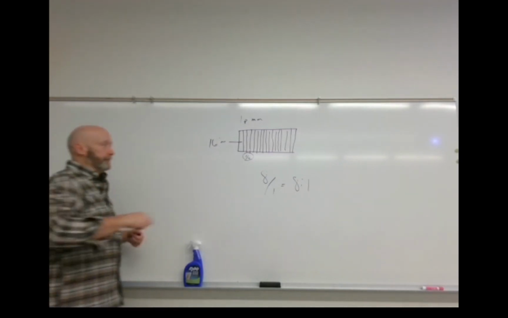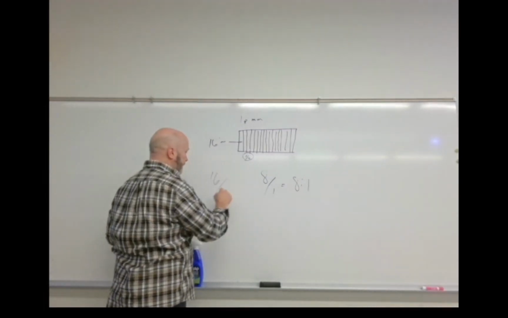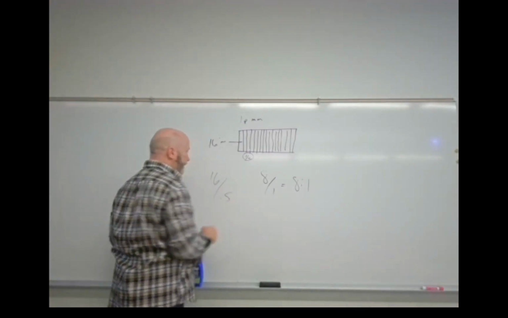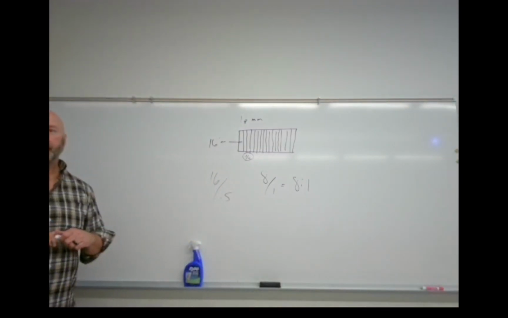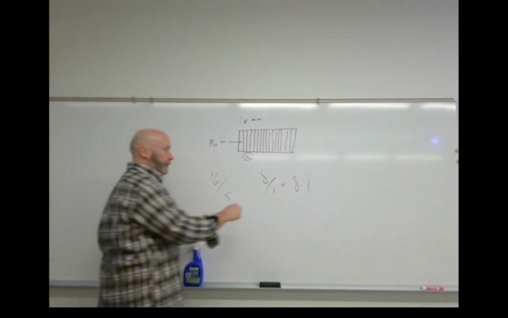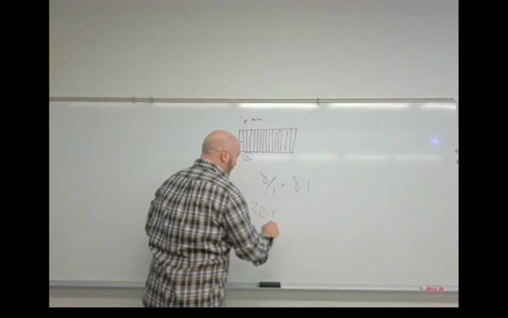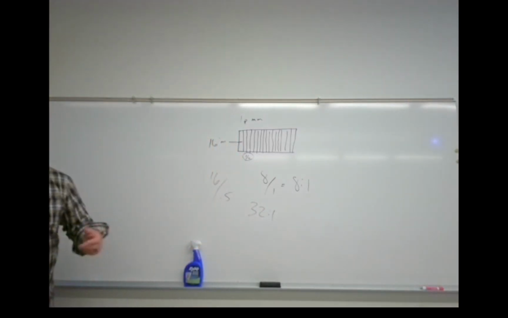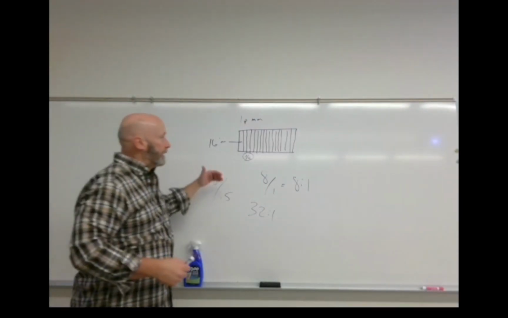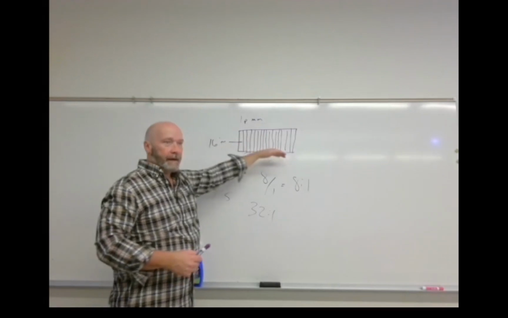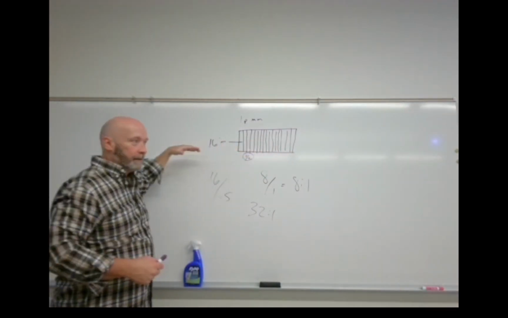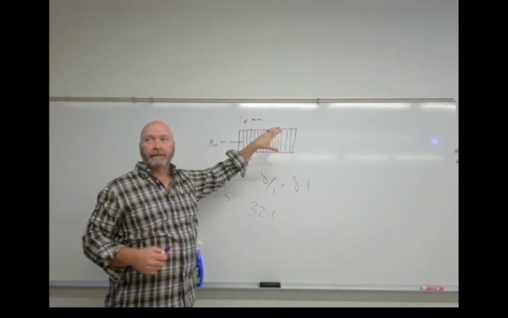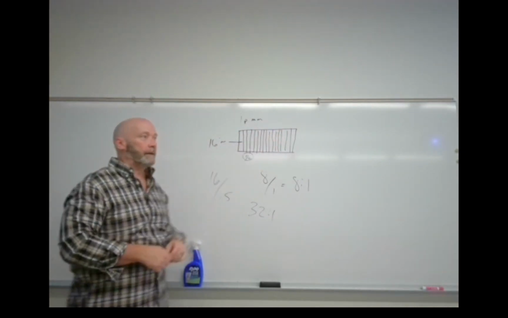It'd be 16, you're never gonna see a grid like this, but 16 divided by 0.5 would be, what would that be? 32 to 1? Yeah, so you don't have any primary beam left after this, but at any rate, the more lead that you have in your grid, the higher the grid ratio, the better the cleanup.